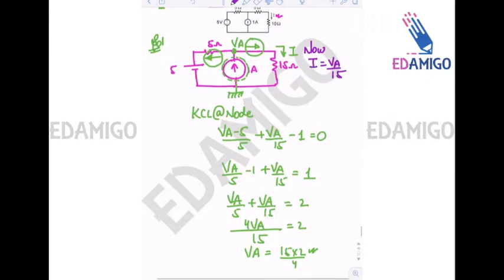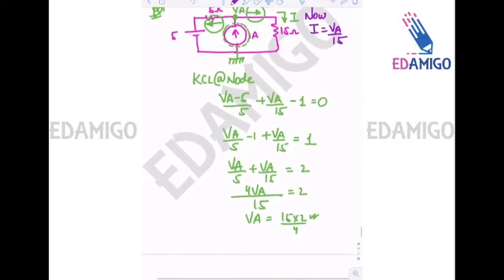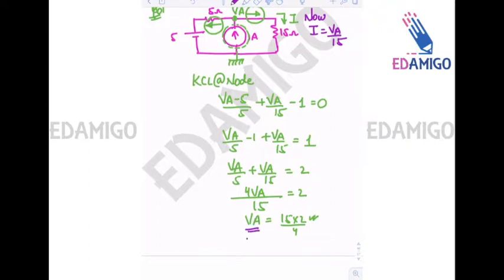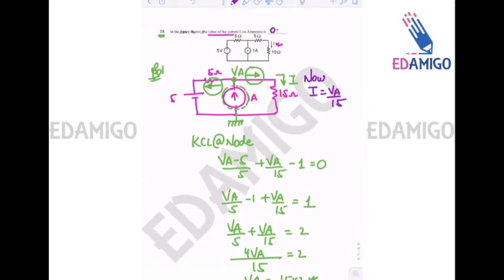Since we know the value of VA, I is equal to VA upon 15, that is 2 upon 4, that is 1 upon 2. So the answer to this question is 0.5 amperes.